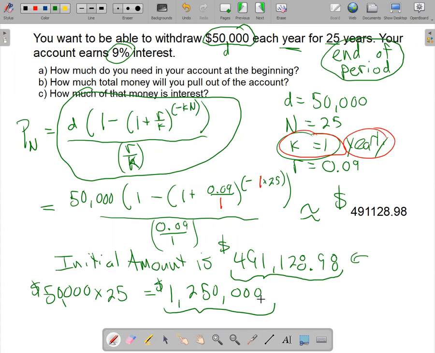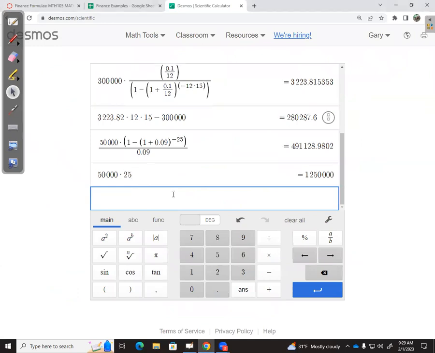How much interest did they end up paying me total? Well, that would just be the difference of these two numbers. Over on my calculator, and again, we could do this in a spreadsheet, I would just take my 1,250,000, subtract what I started with, which was that 491,128.98, which means my account over that time, while I was withdrawing $50,000 a year, earned $725,000 in interest over those 25 years.